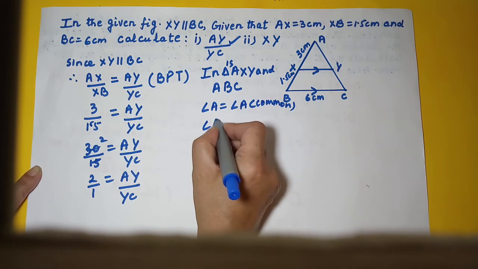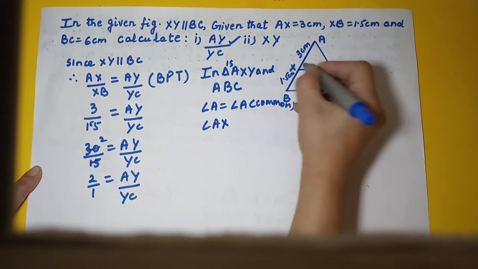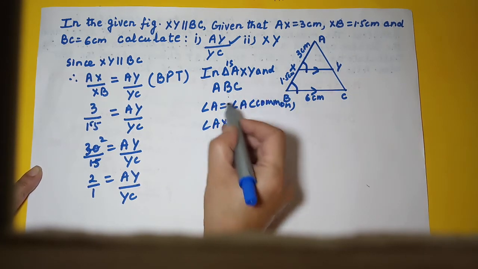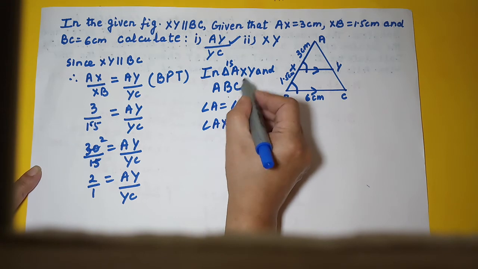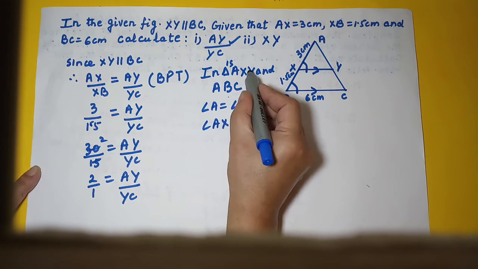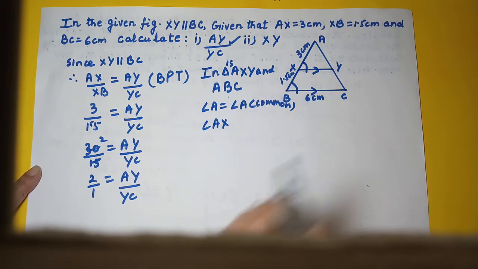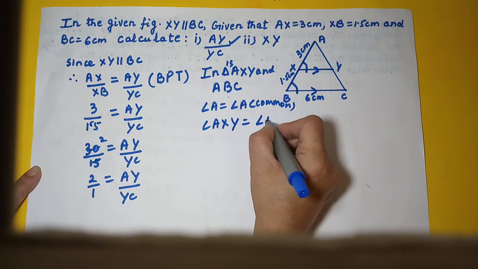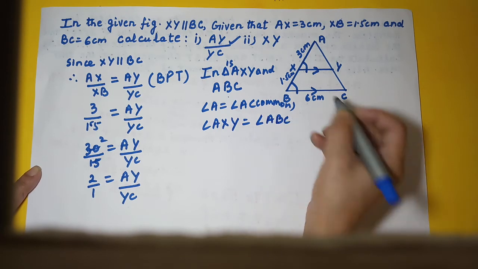Then angle AXY, that is this angle, is equal to this angle. That's why we have written them in order, because when we set the proportionality between the two triangles, it will be easier for us to set that proportionality. Then angle AXY is equal to angle ABC. Reason?